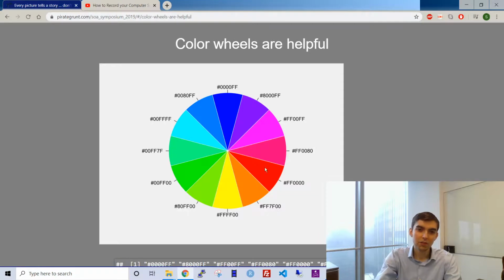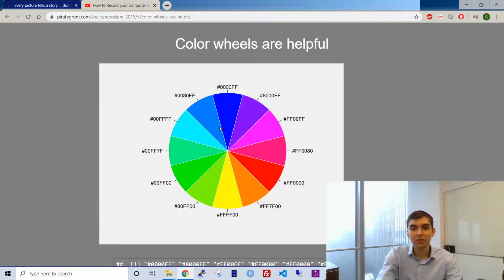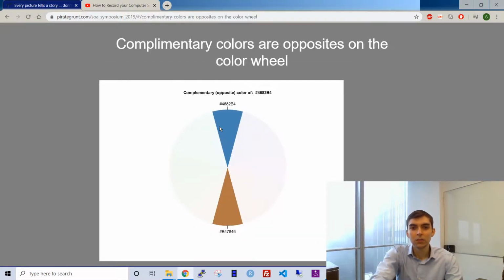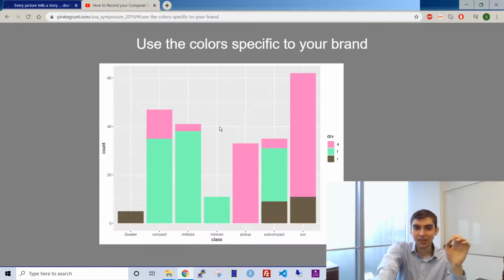Now you can adjust the shade of this entire color wheel to match the colors of your business. Here's just an example, okay? If you just assign random colors to a graph, it can look garbage, just absolutely terrible.